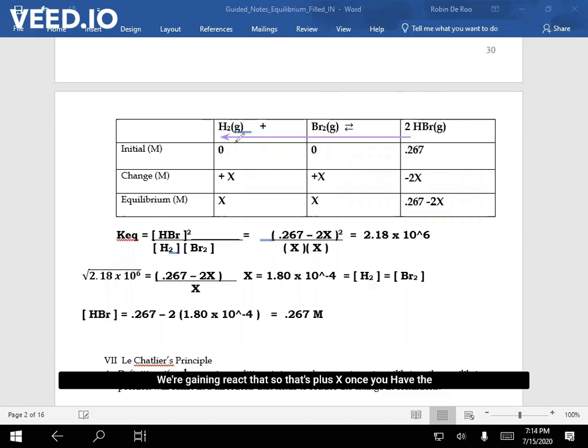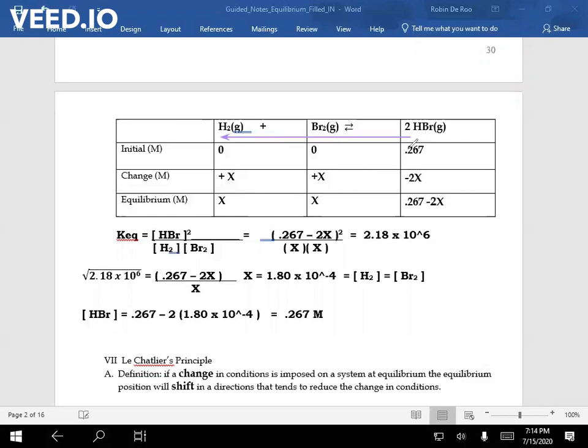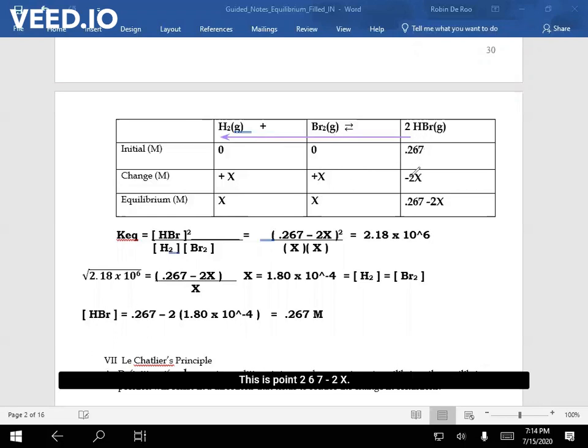We're gaining reactant, so that's plus x. Once you have the initial row and the change row filled out, you just follow your instructions. Just do what you're telling yourself to do. So this is x, this is x, this is 0.267 minus 2x. So now we have our equilibrium row, and we're going to use that.